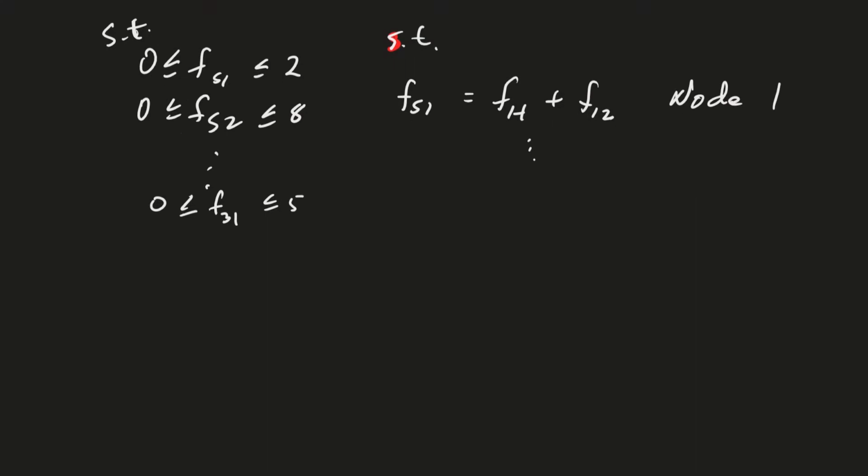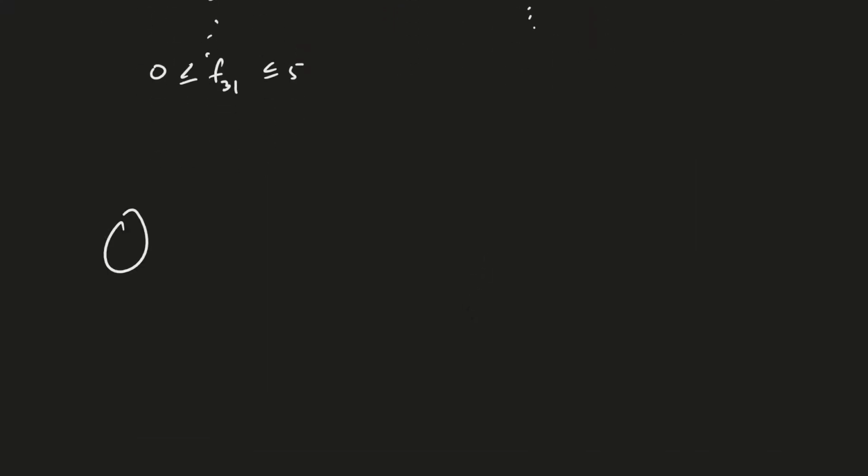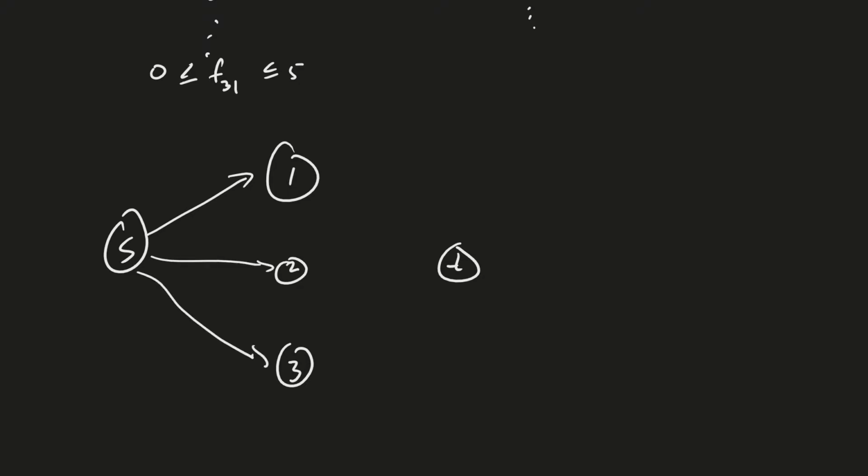I'm just going to go ahead and rewrite my diagram here. 1, 2, 3, T. Okay, and then I've got these flows coming through. Down, down. Good.